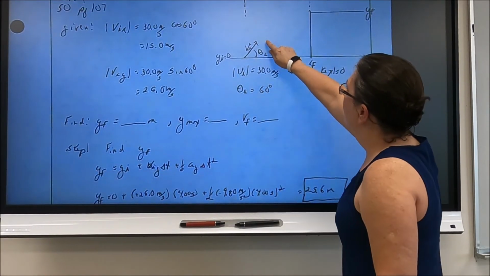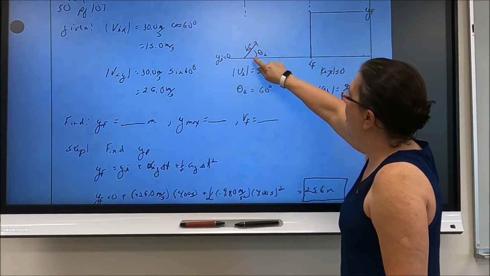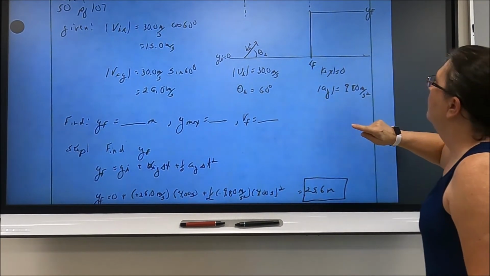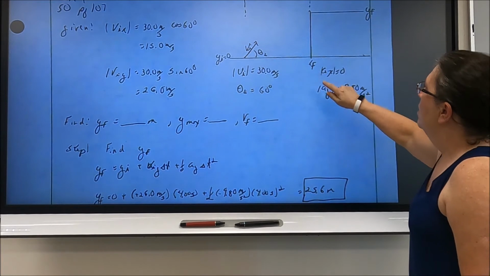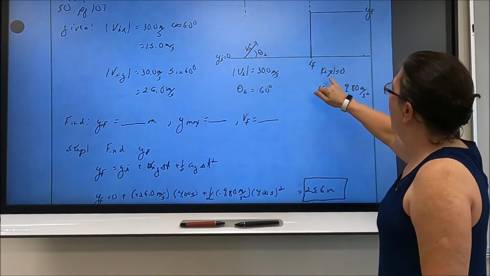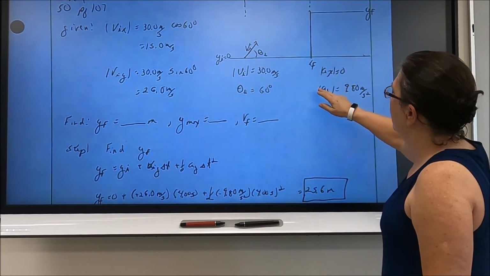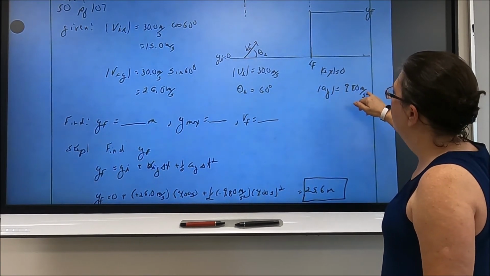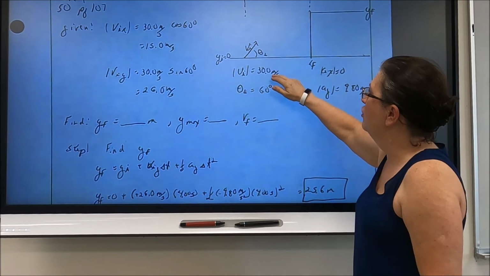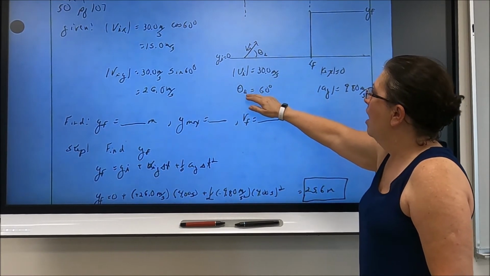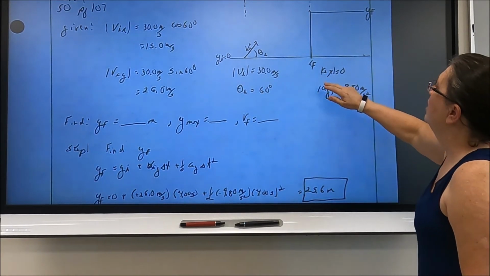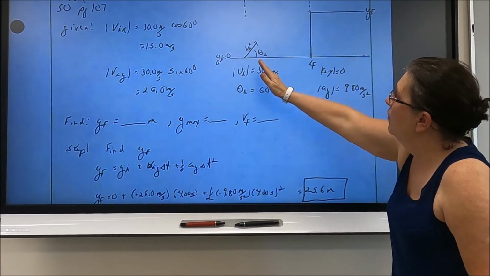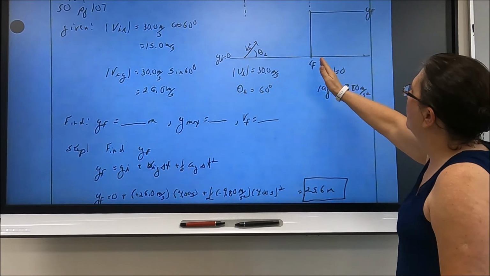I'm going to launch at a velocity initial at an angle, and it's going to go up and land on the edge of my cliff. I know that the magnitude of my acceleration is 9.80, velocity initially is 30 meters per second, our angle of launch is 60 degrees, and it's 4 seconds to go from initial point to final point.